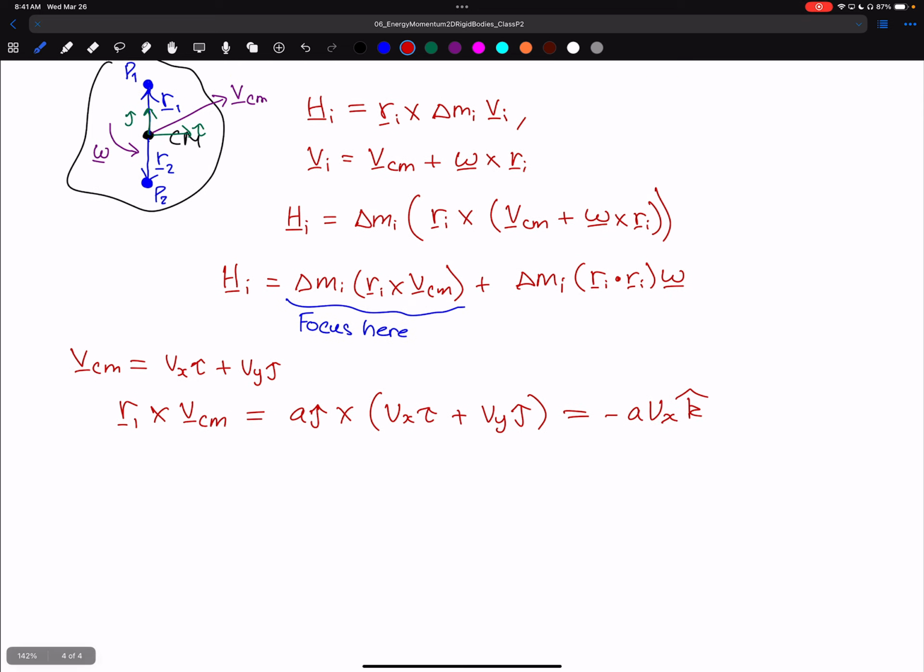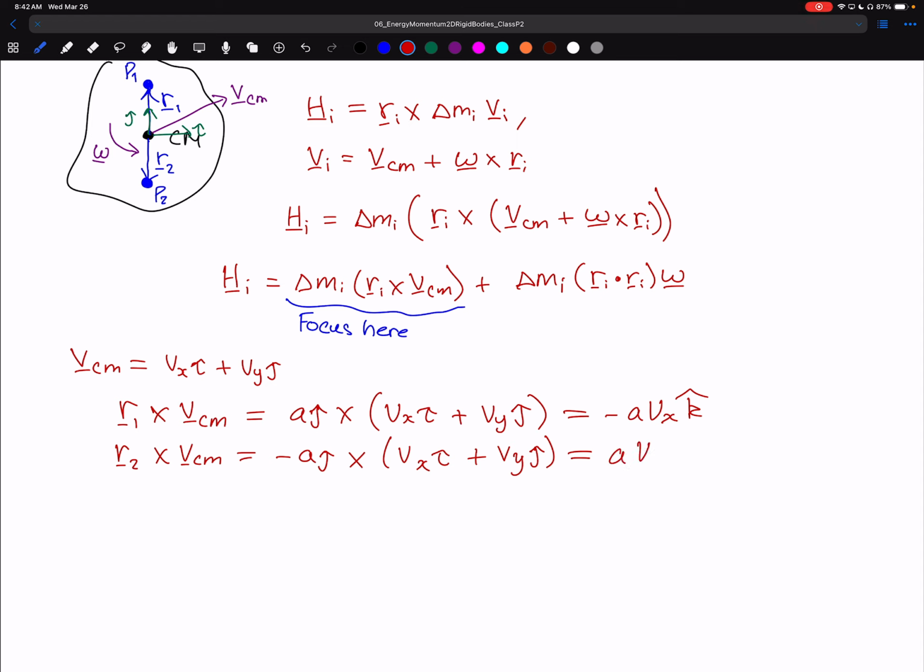You can do the same thing for R2. This is minus a j crossed with Vx i plus Vy j. And that's going to be equal to, we'll get j cross i, which is minus k, second minus sign, and then we'll get a Vx k-hat, such that when you sum all of these up, they end up canceling each other out.